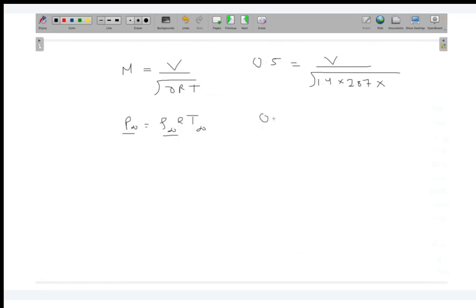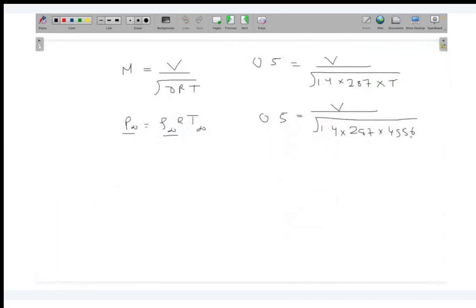This would be V divided by square root of 1.4 into 287 here, and T is nothing but your P infinity, which is the value given in the question as 45565.